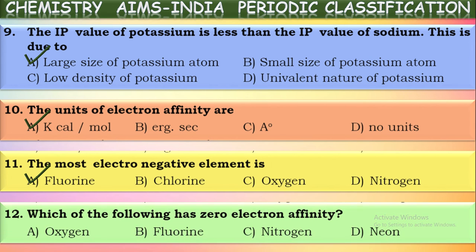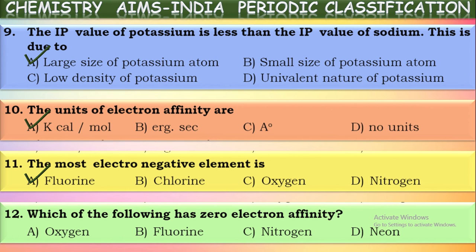Next, which of the following has zero electron affinity? What is electron affinity? First of all, it is the amount of energy released by an atom in the gaseous state while gaining an electron. So the elements which are ready to gain electrons release more energy, hence they have greater electron affinity. But the elements with a stable electronic configuration do not accept any electrons and do not have any electron affinity.